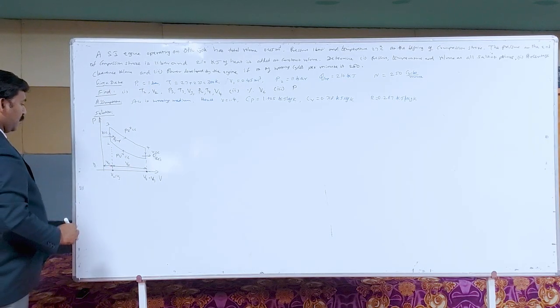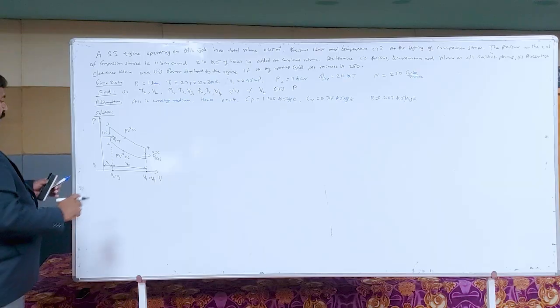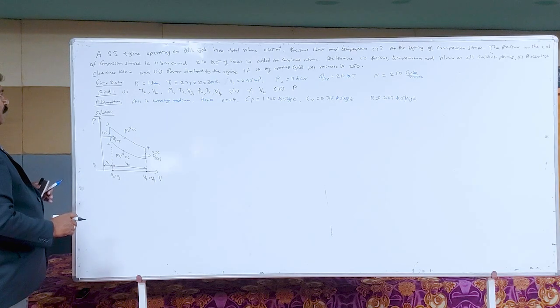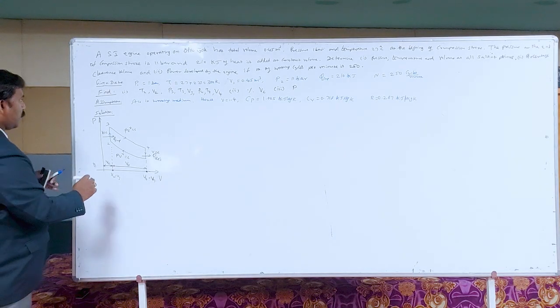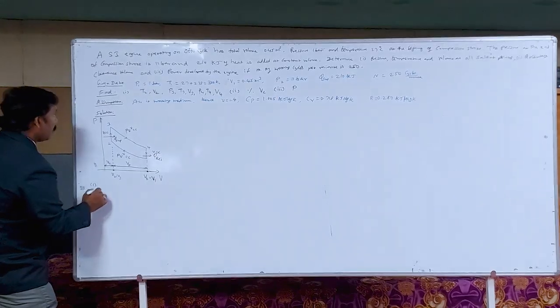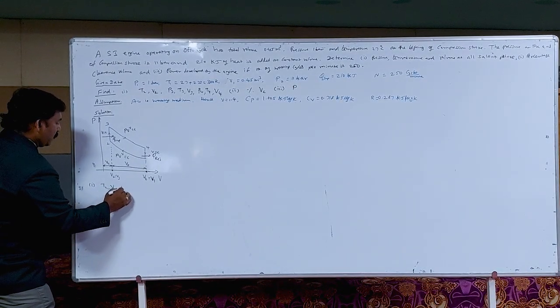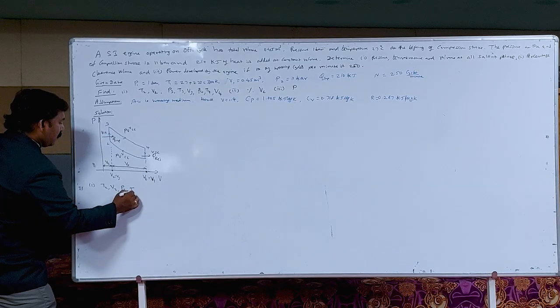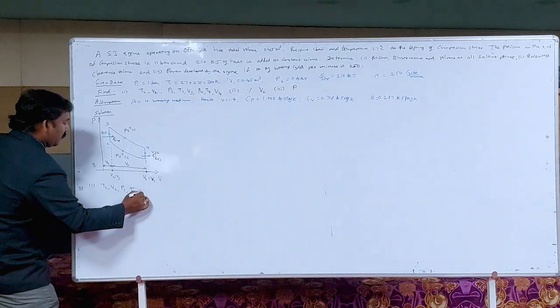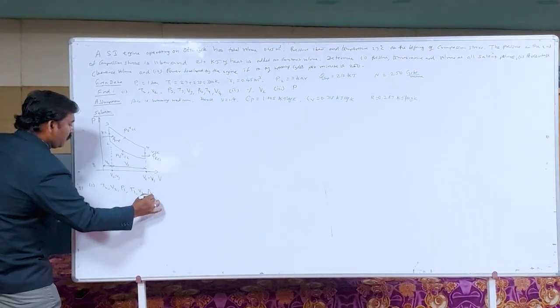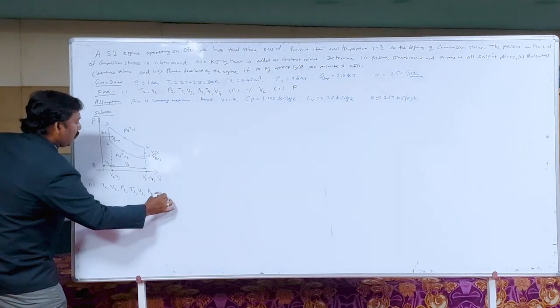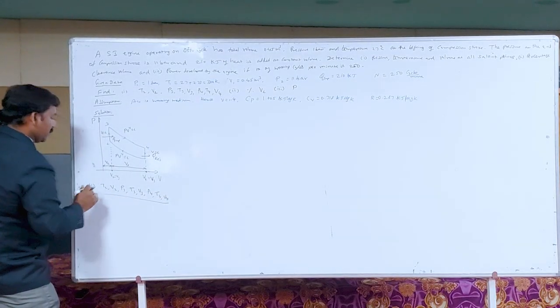All right. So now we have to solve this problem. To start with, case 1 is we have to find out T2, V2, P3, T3, V3, P4, T4 and V4. So we have to find out all these things.